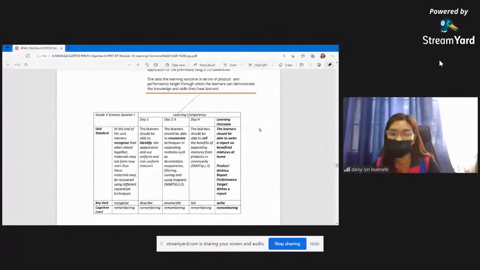The product is a written report, the performance target is writes a report. The key verb is write, and the cognitive level is remembering.